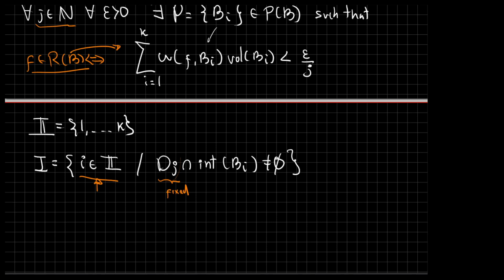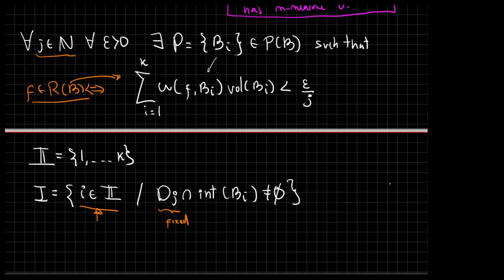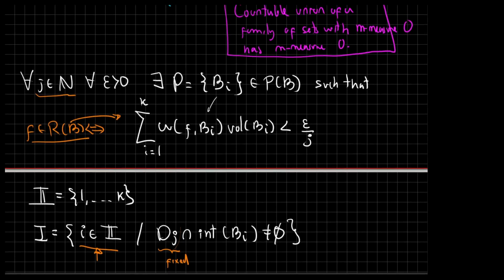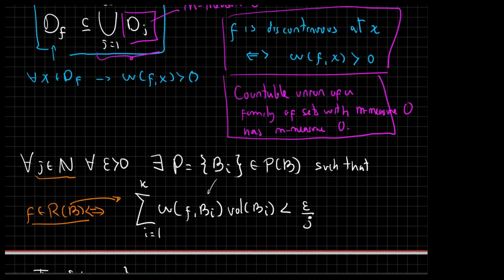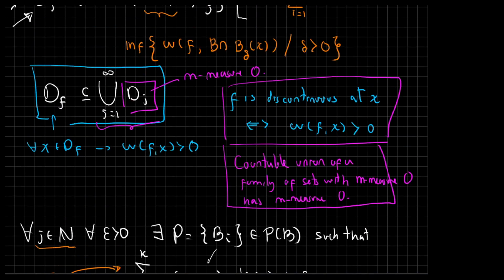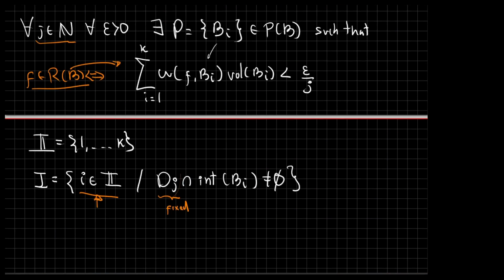An important question will be: is this set different from the empty set, or could it be equal to the empty set? Well, it could be the empty set, in fact. Let's say the oscillation of the function in the whole domain is half.